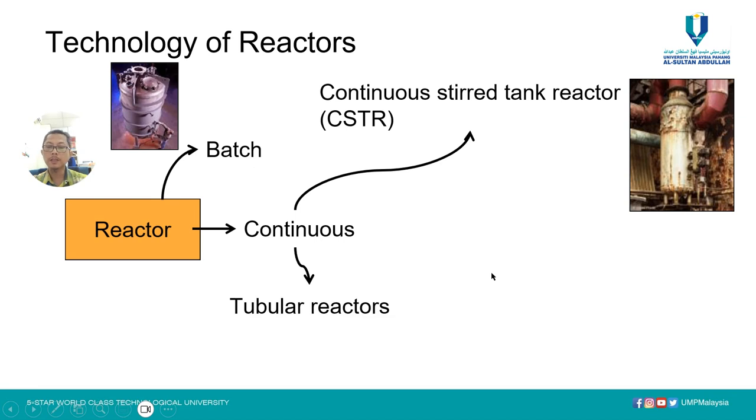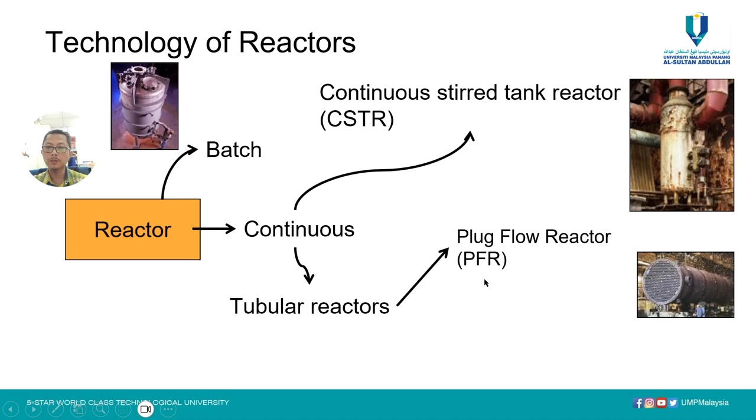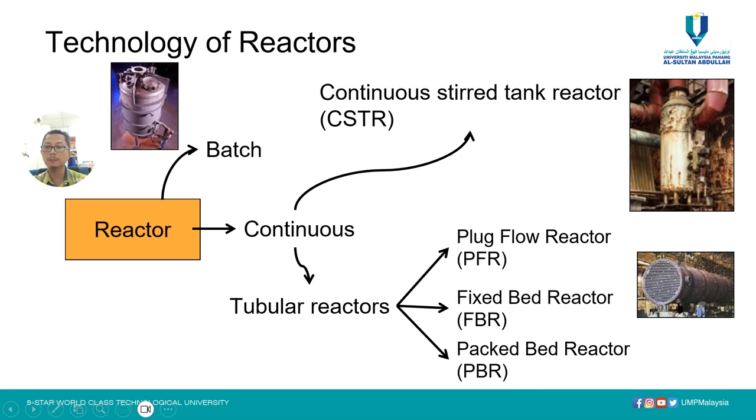Apart from the tank, you can also have a tubular type of reactor called the plug flow reactor. The plug flow reactor doesn't have any packing inside, whereas the fixed bed reactor and packed bed reactor will have packing inside, packing of catalysts and others. The size can be bench scale in the laboratory, or pilot, and industrial scale.